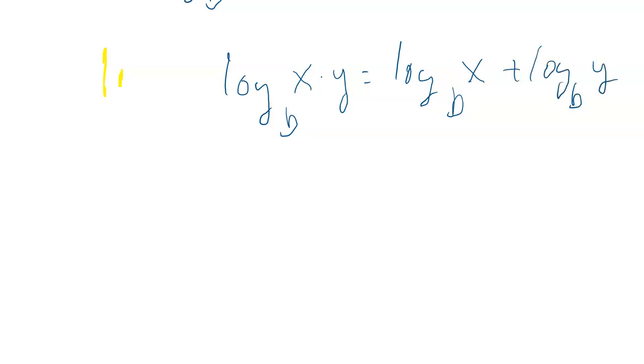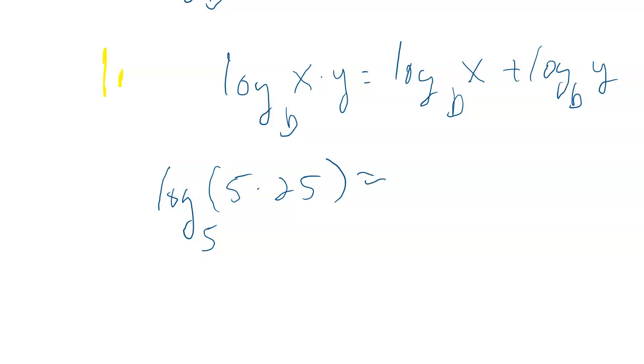I'm just going to throw a random example in there. Log base 5 of 5 times 25. If you look at 5 times 25, that's 125. 5 to the third power is 125. And so log base 5 of 125 is just 3.